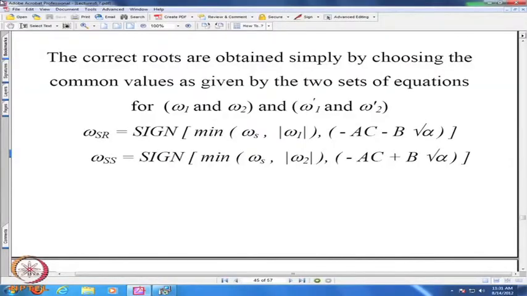And you compare the magnitudes with omega s and pick up the sign of this number, minus a c minus b root alpha, and the magnitude as given by the minimum of those two. This is the only mathematical way we understood. Determine correctly omega s r and omega s s magnitude and sign, then we compare with the magnitude of the physical sunset or sunrise hour angle.